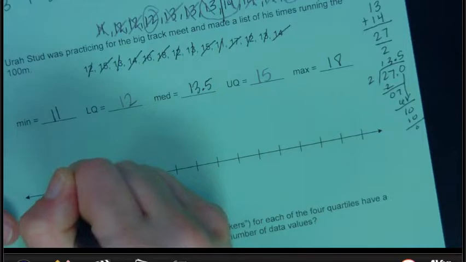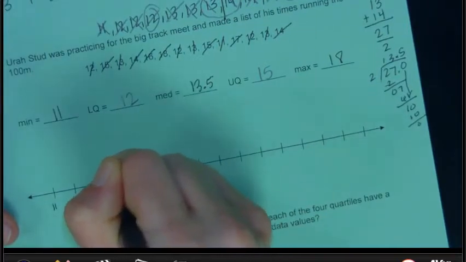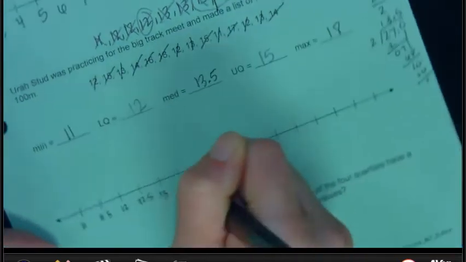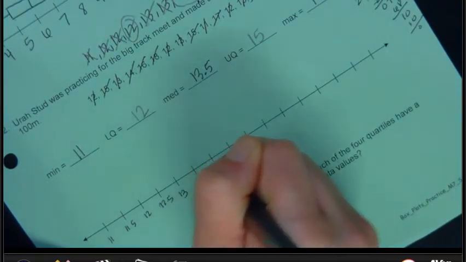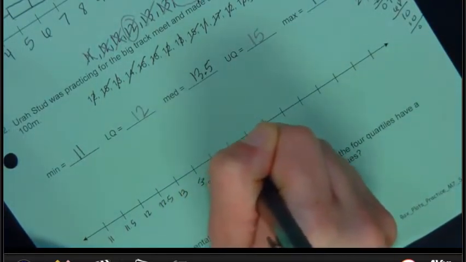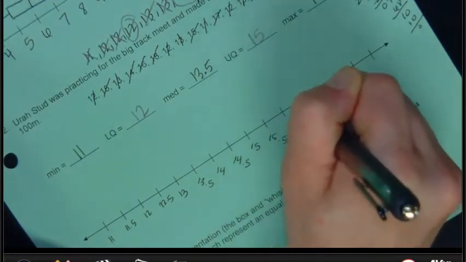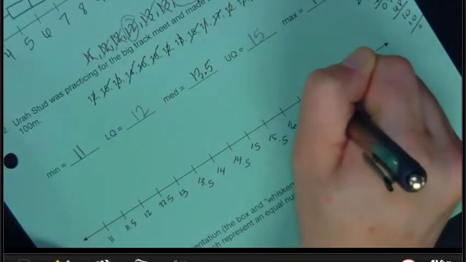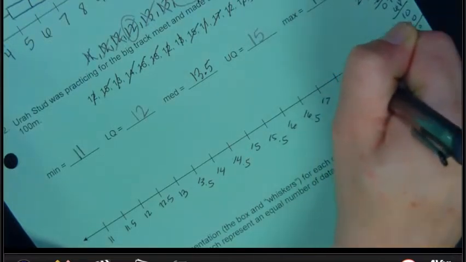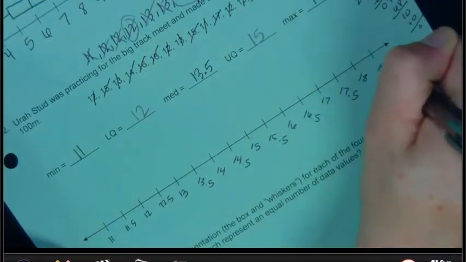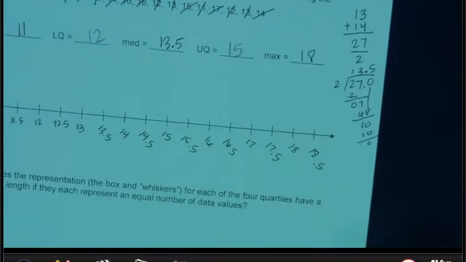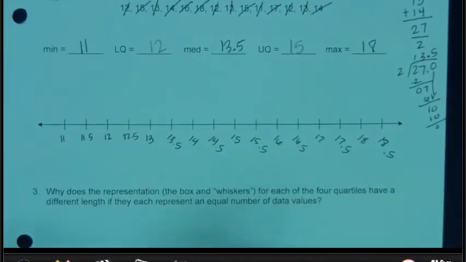So let's do 11, 11.5, 12, 12.5, 13, 13.5, 14, 14.5, 15, 15.5, 16, 16.5, 17, 17.5, 18, 18.5. Now you're wondering, why did you keep counting up by .5s? When you start by counting up by .5s, you have to continue counting up by .5s.